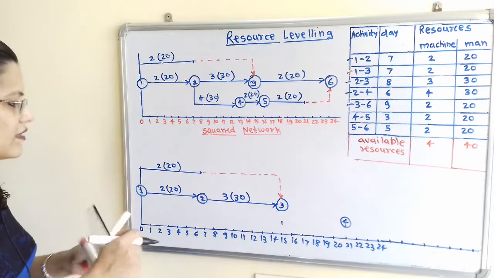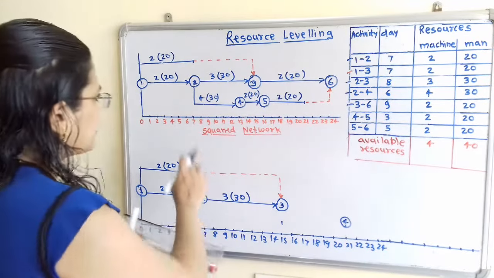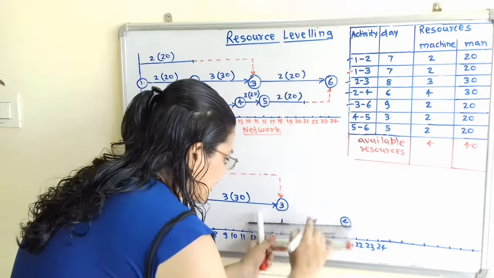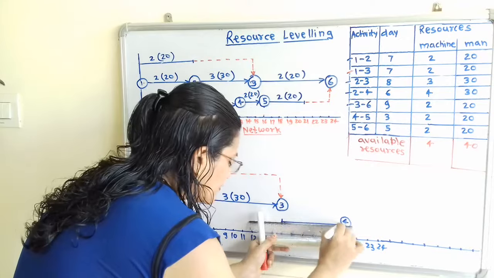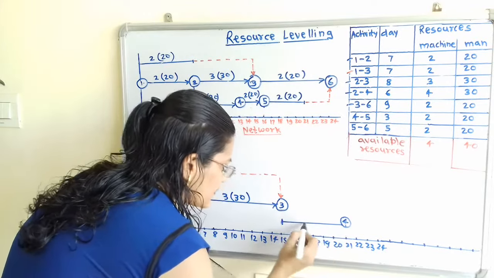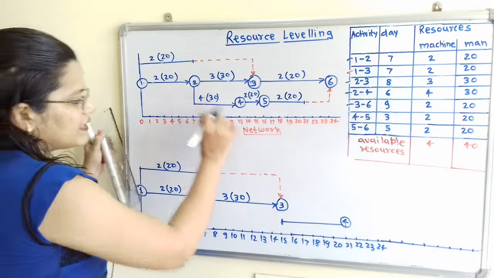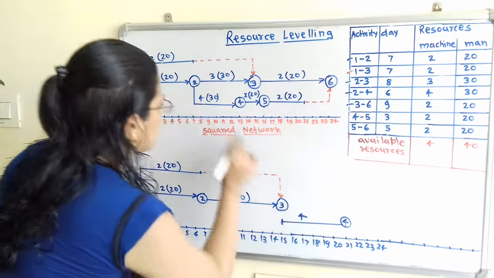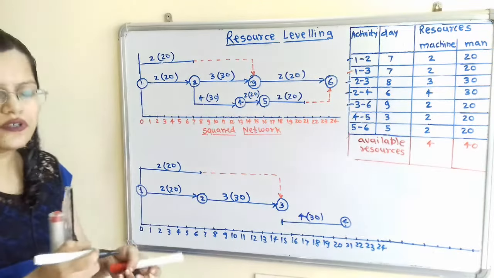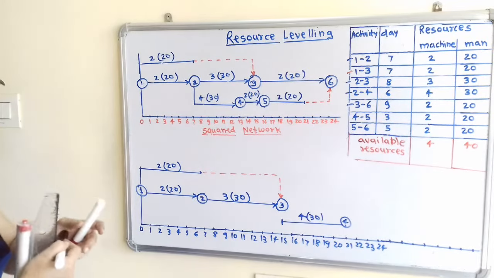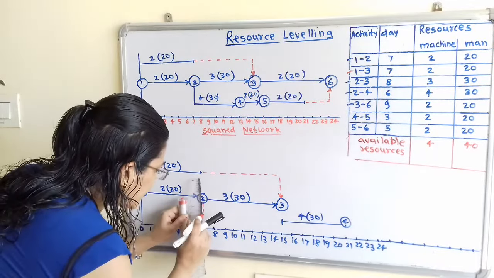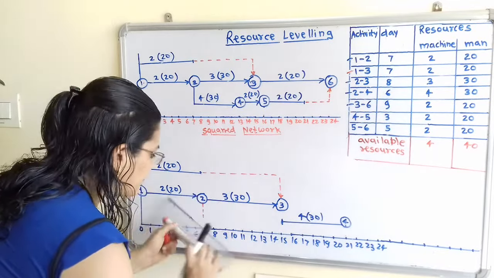And now I will show this activity, 2 to 4, with a straight line, because it runs from the 15th to 21st day. So I will write here resources 4 and 30. Now we have to join this with node 2. So how to join? With the help of a dash line, because this activity is not getting started up to this day 15.